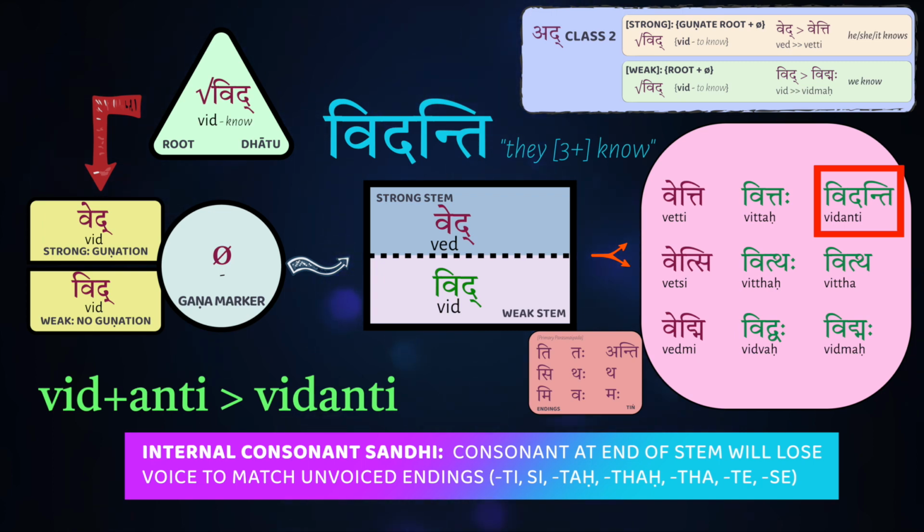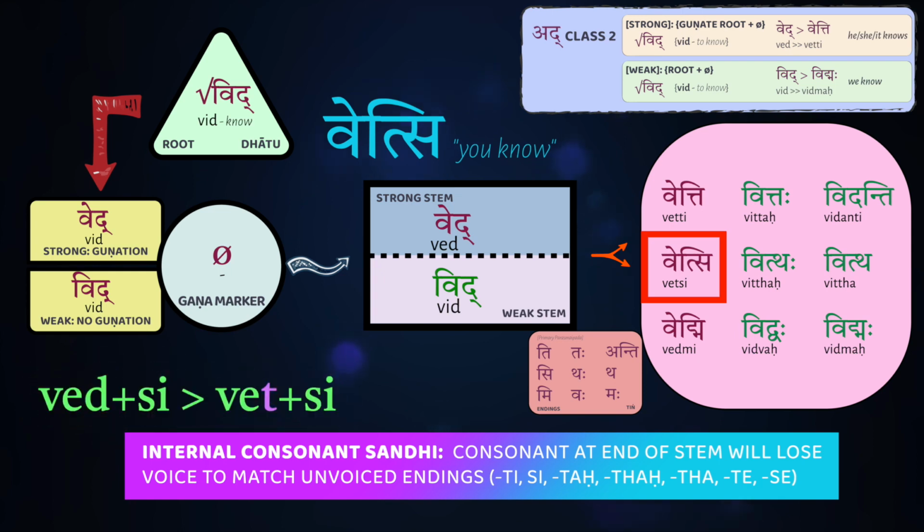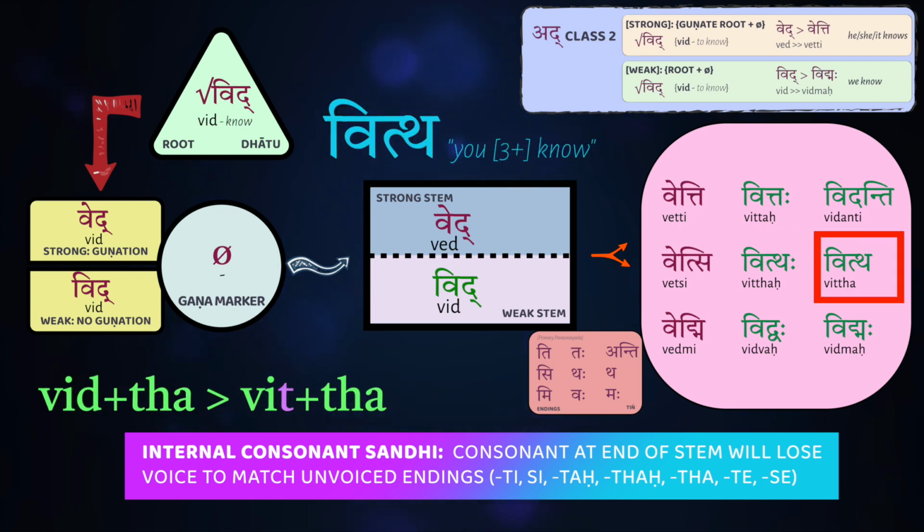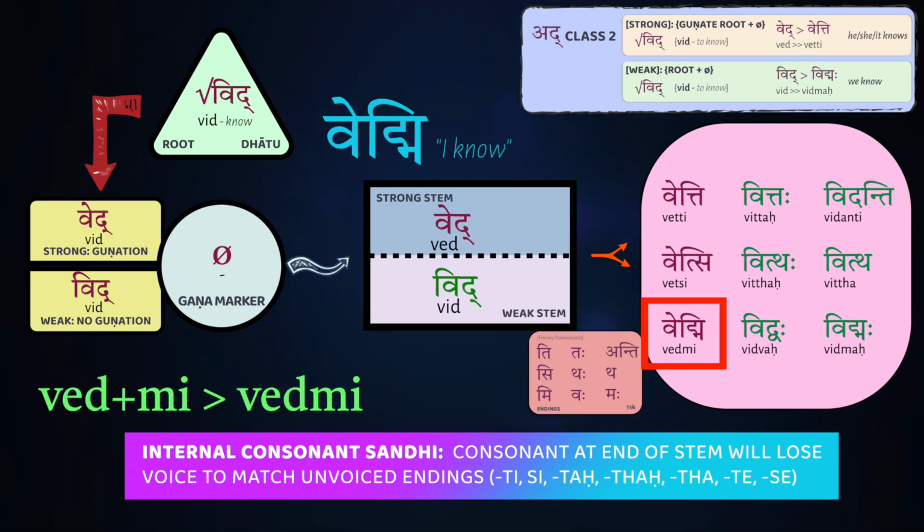so you don't have to do a sandhi. In the second person, it's going to be the same devoicing of the da, so you get tvam vetsi, you know. Yuvam vittha, the 2 of you know, and yuyam vittha, you 3 or more know. Note that the dual and plurals use the weak stem, and you get that same sandhi as in the third person. In the Uttama purusha, the first person, we're going to have aham ved, I know.